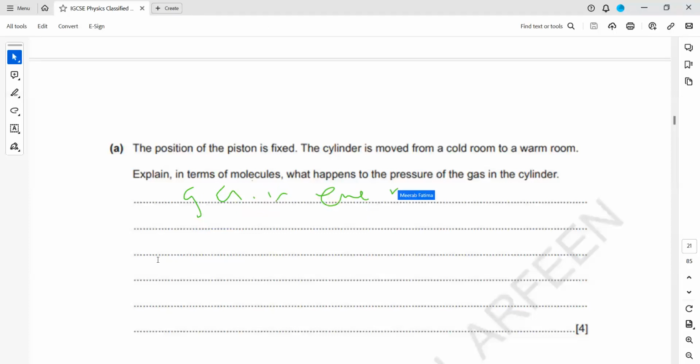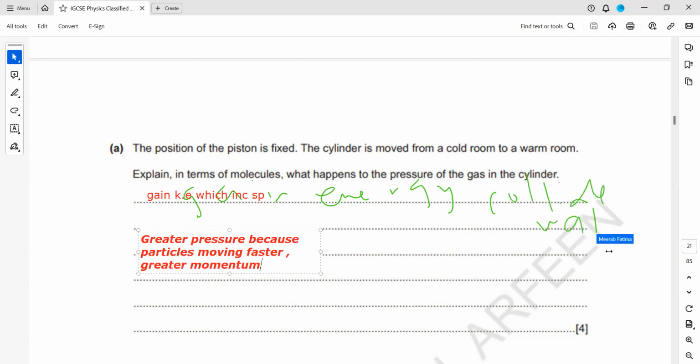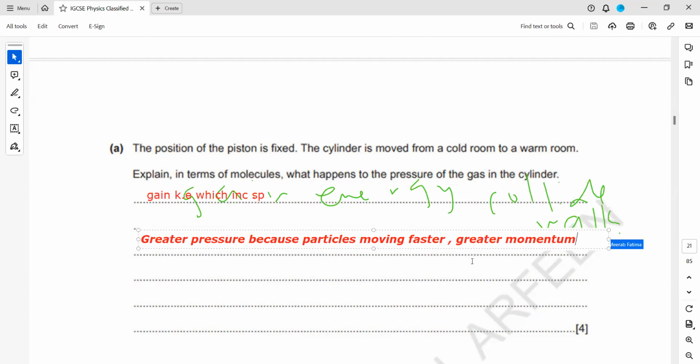First, what will happen? It will increase the energy, the kinetic energy or the speed. So when they absorb energy, the kinetic energy will increase, greater speed, because the particles move faster. They will have a greater momentum. That's good. And when they have a greater momentum, they will have a greater change in momentum, and they will collide more frequently.